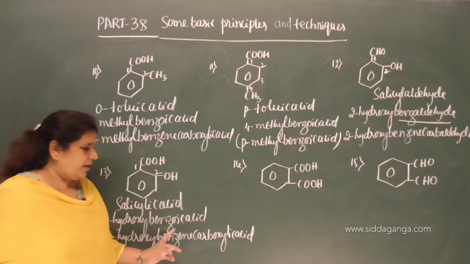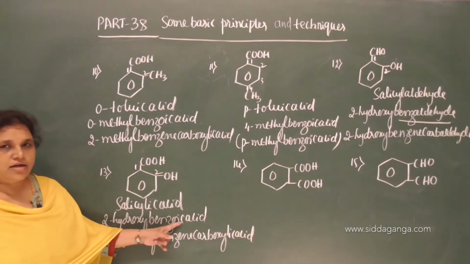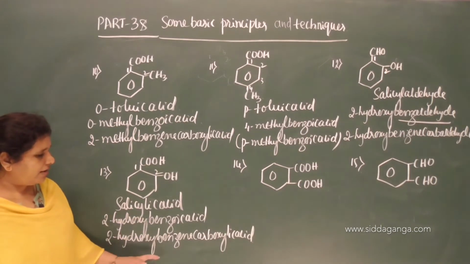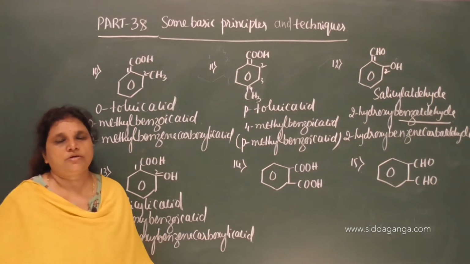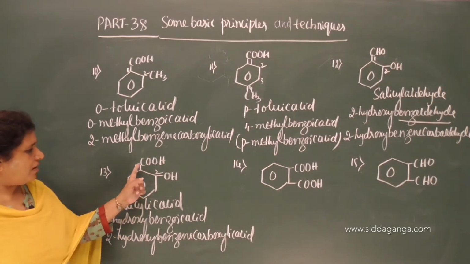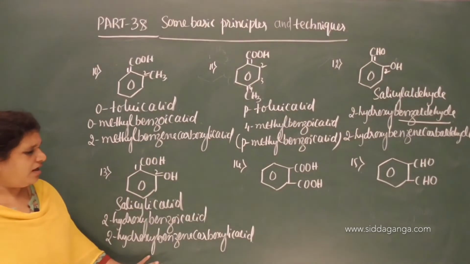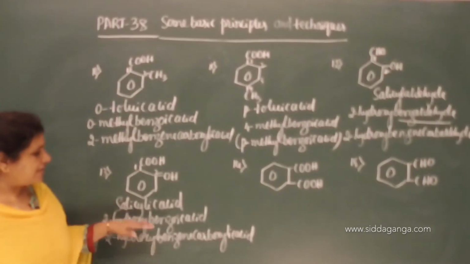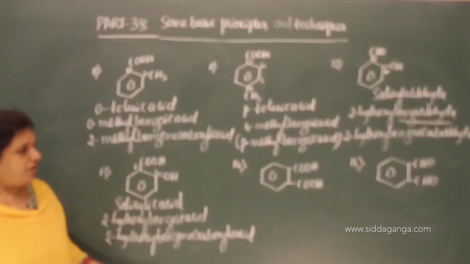See here, you can retain the special name benzoic acid, or you can write it as benzene carboxylic acid. So benzene carboxylic acid, that is the IUPAC name. Okay, salicylic acid, very important compound.